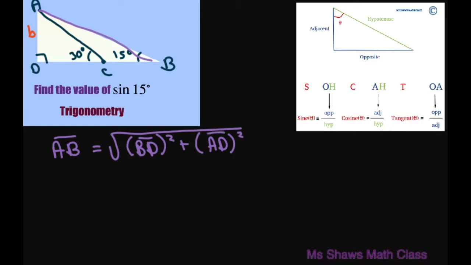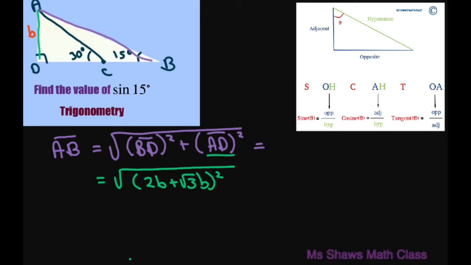All right, so this is going to equal, when you use substitution, the square root of, now BD is going to be 2B plus square root of 3B, squared. And then AD is just this one right here. Remember, we're just doing the distance formula or your Pythagorean theorem. So this is going to be plus B squared.